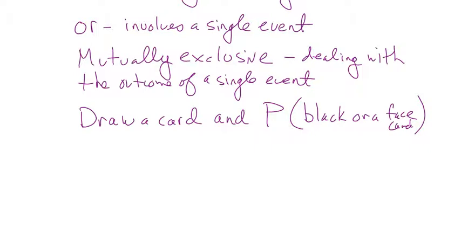No. Why not? Because there are more cards than just black and face cards, but there are cards which are both black and face cards. Mutually exclusive means it can't be both things. So this is not mutually exclusive, black or a face card, because there are black face cards.